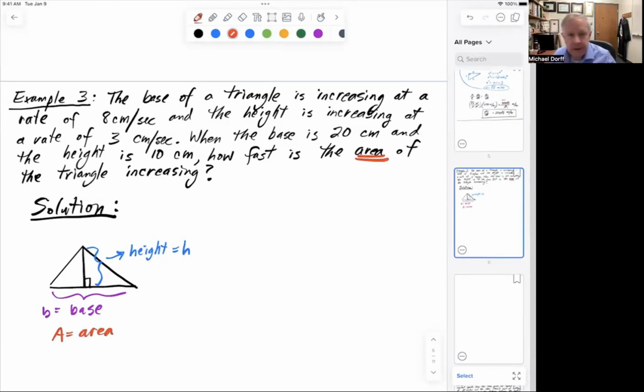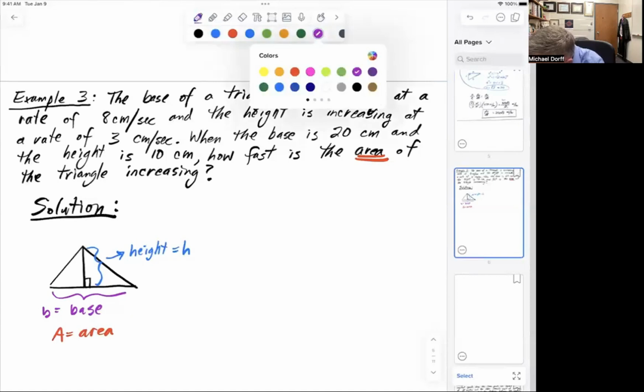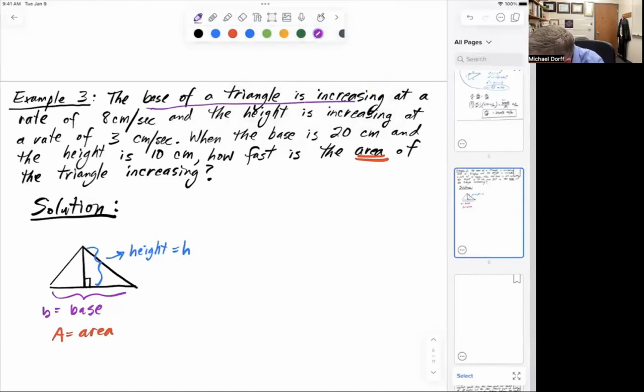And what information am I given in this problem? Okay, it says here that the base, so we're going to do purple here for base, the base of the triangle is increasing at a rate of 8 centimeters per second. Okay, but it talks about rate there, so that's a derivative. So it's going to be dB/dt equals 8 centimeters a second.